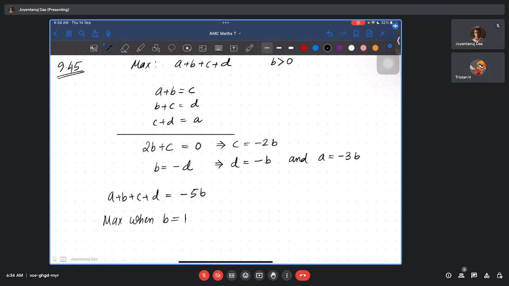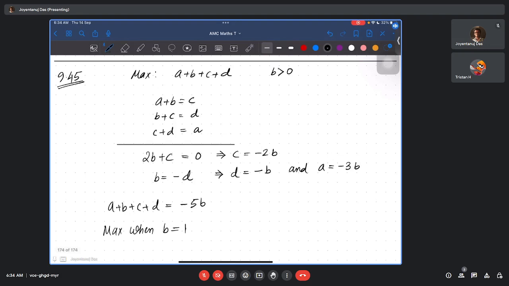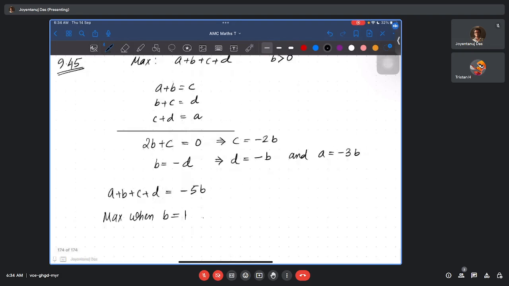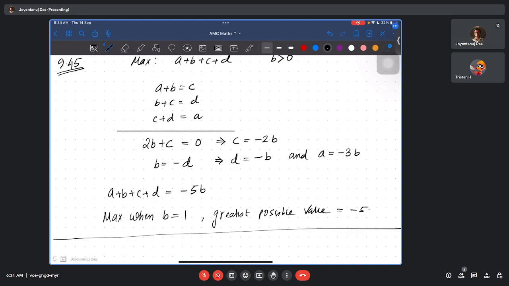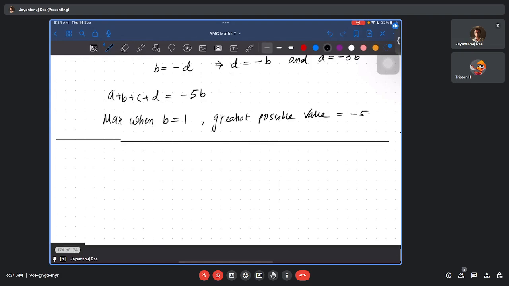So actually, what are they asking? So they are asking that, okay, the greatest possible value is -5. Okay. So next one is 9.46.